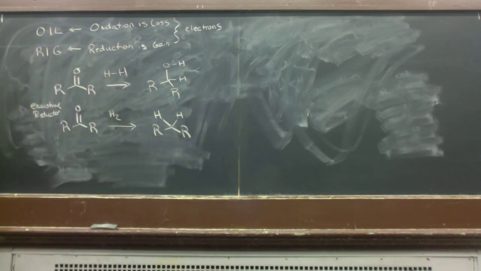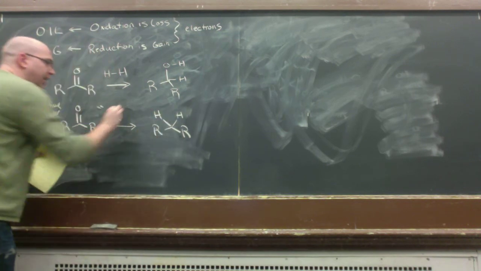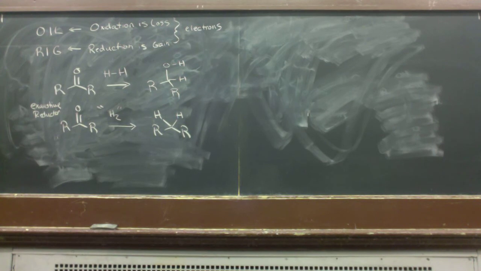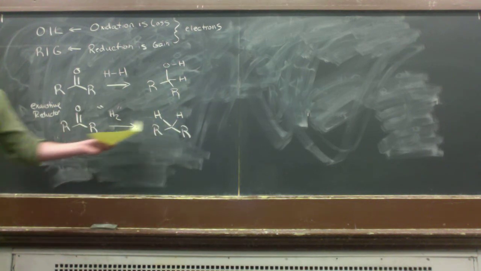And we'll discuss technical ways in which we do this, but when I refer to an exhaustive reduction, what I mean is that I'm not only going to reduce to the alcohol in principle, but I'm also going to fully saturate that bond, put all the protons there that I could possibly have. So this would be called an exhaustive reduction.